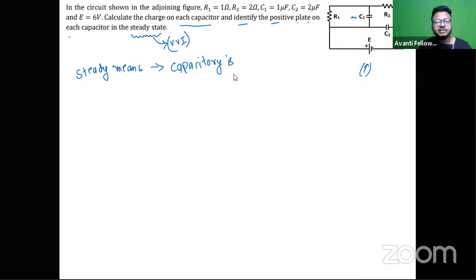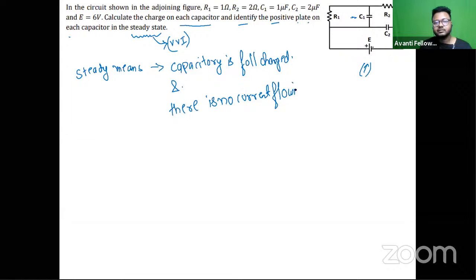Fully charged means what you can see: once the capacitor is fully charged, there is no current flowing from the capacitor. So you will think, sir, if there is no current flowing through the capacitor, then how is the charge stored?